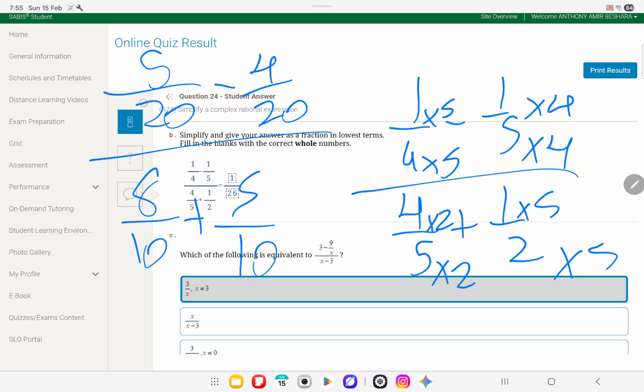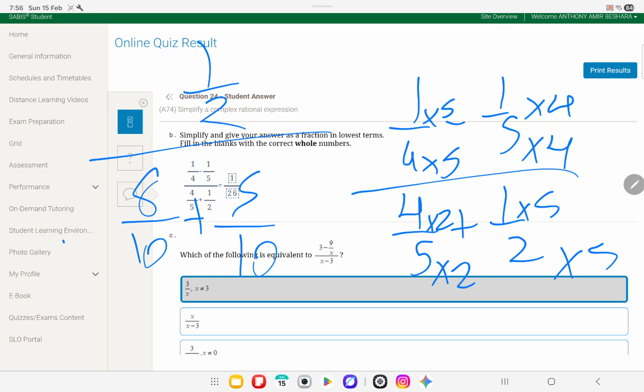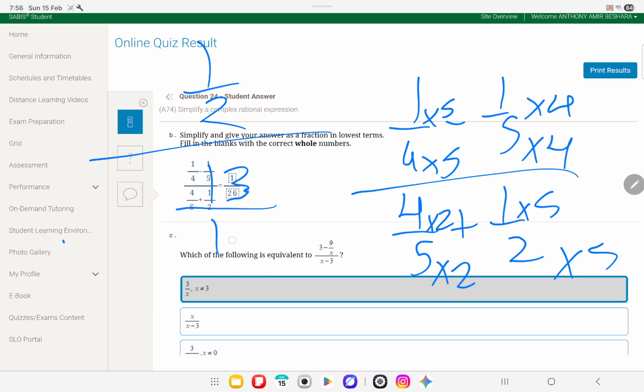So let's simplify the top first. 5 minus 4 is 1, so it will be 1 over 20. And 8 plus 5 is 13, and the denominator stays the same, so it will be 13 over 10. So we do 5 times 4 and close times close.